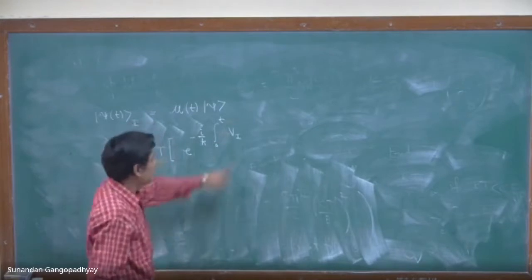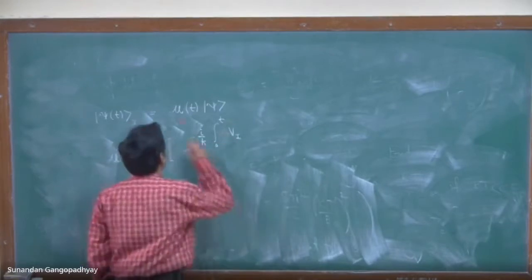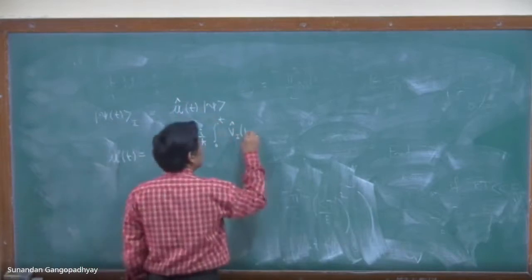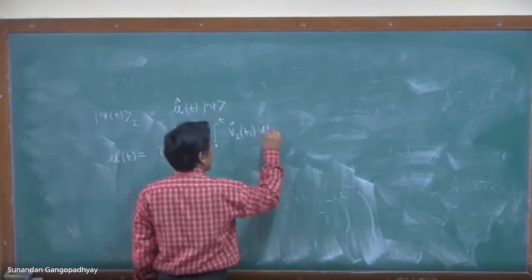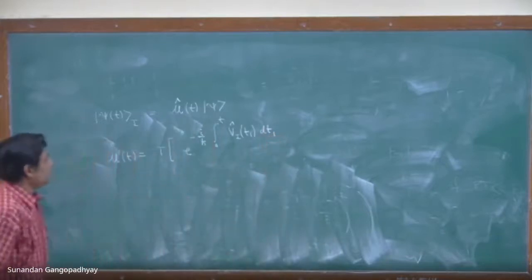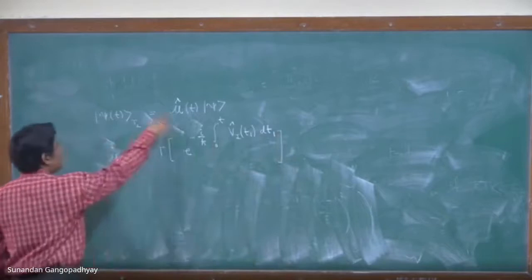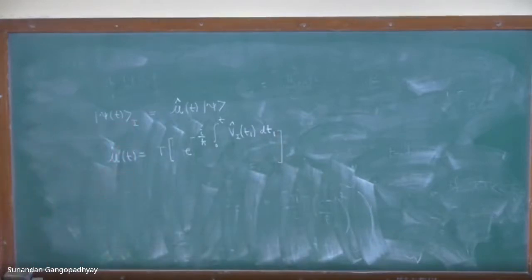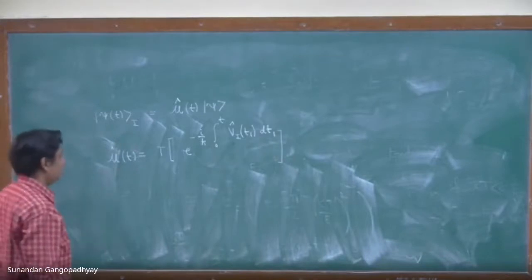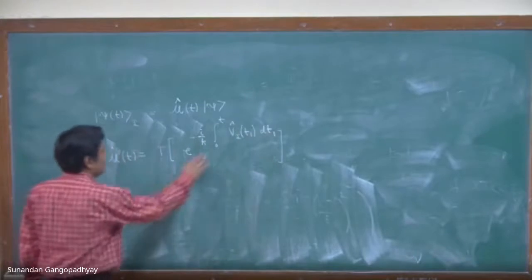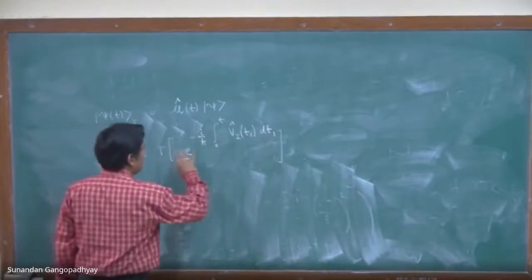This is the unitary operator which connects the two states in the two different representations. And you know what this time ordered exponential means.